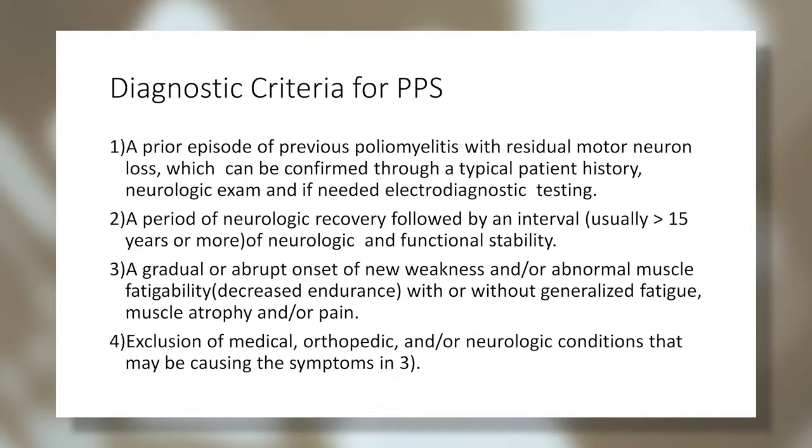And then number four, which is the most difficult of the criteria for post-polio syndrome, particularly important in research studies, is the issue of, can you exclude all other medical, orthopedic, and neurological conditions that are accounting for this critical new symptom of new weakness in their muscles? And I have to say that some of the time it is difficult to be 100% sure, okay?